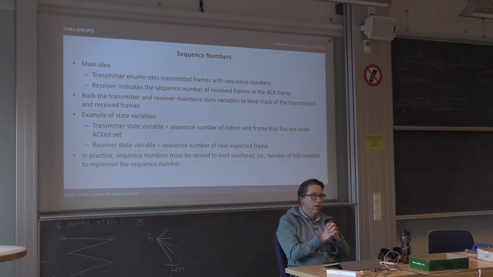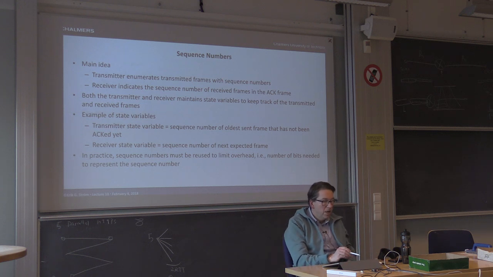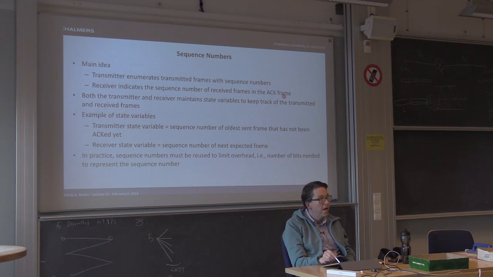Okay. So the idea is to include in the frame a sequence number that keeps track of which service data unit in the sequence we are talking about. So the main idea is that the transmitter enumerates the transmitted frames with sequence numbers, and the receiver indicates the sequence number of received frames in the ACK.